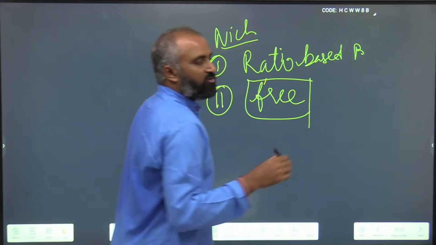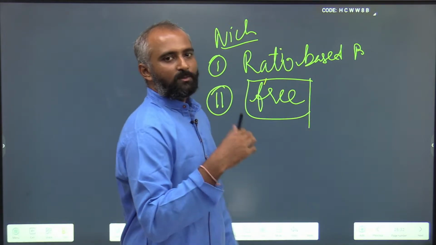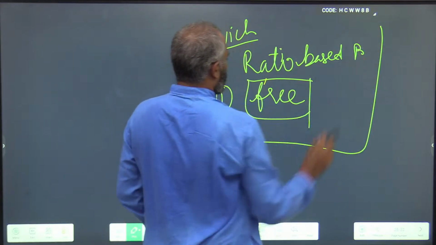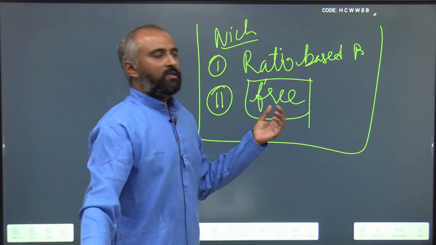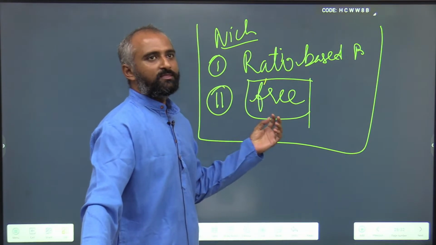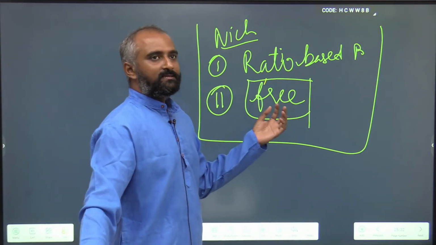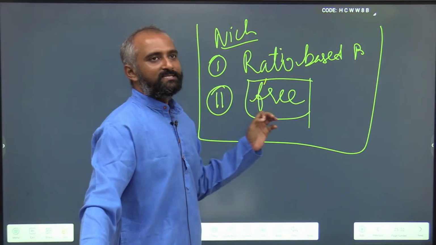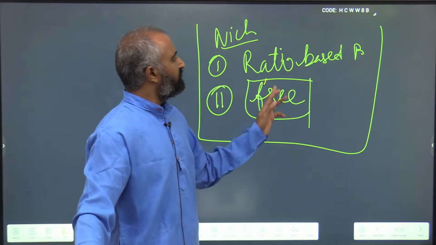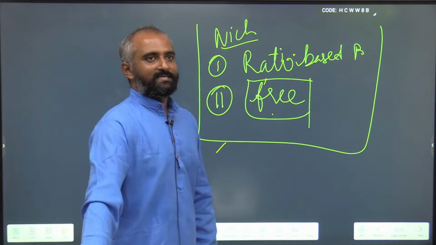That means if you buy some articles, you are going to get some articles free. What is the profit percentage, loss percentage, and so on. Mostly we don't see such problems, but since we are discussing niche topics of arithmetic, we'll see ratio based problems and free article based problems in the next session.